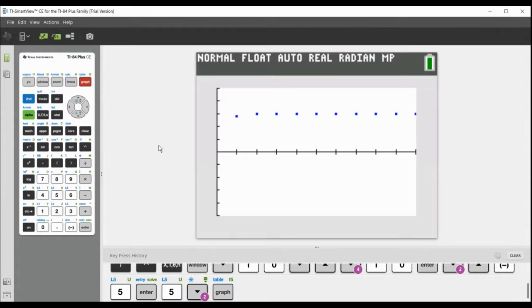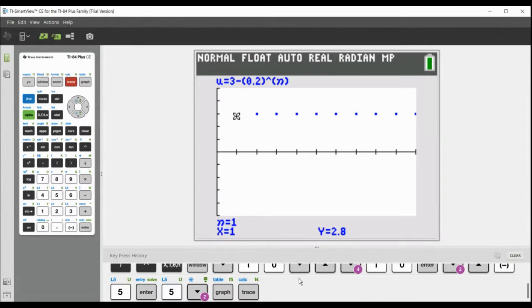All right, so this is the sequence. If I click trace, and let me know if you have any trouble. Hit trace, so when n is 1, you get a value of 2.8.